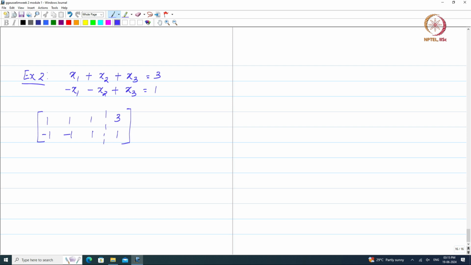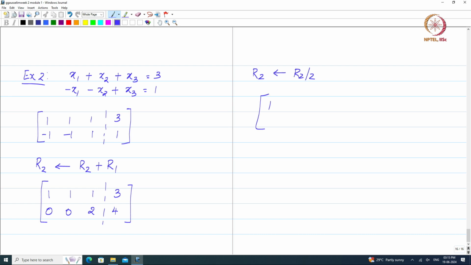Now add row 1 to row 2, replacing row 2: 1 1 1 3, 0 0 2 4. Row 2 is now divided by 2: 1 1 1 3, 0 0 1 2.